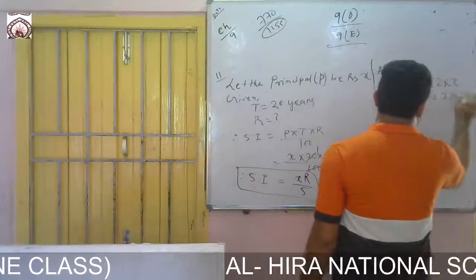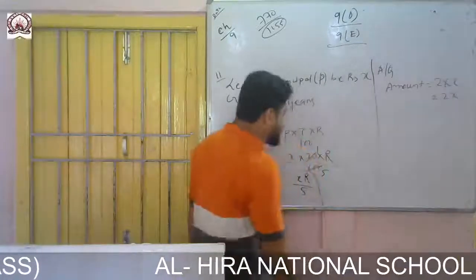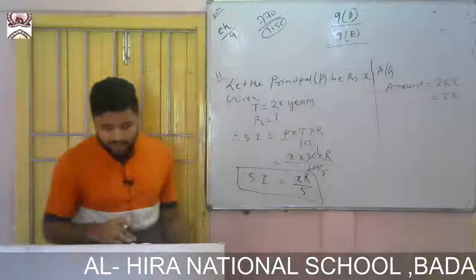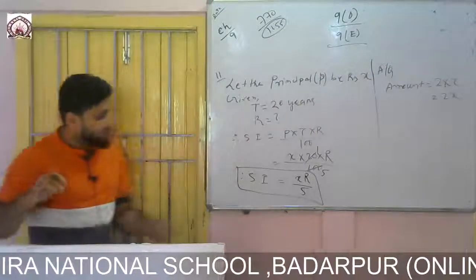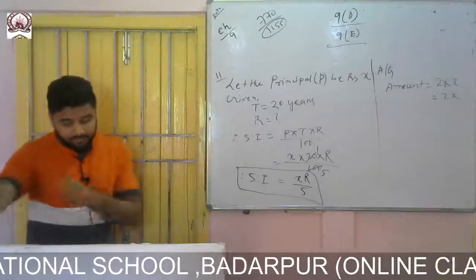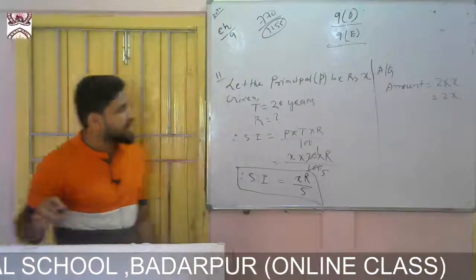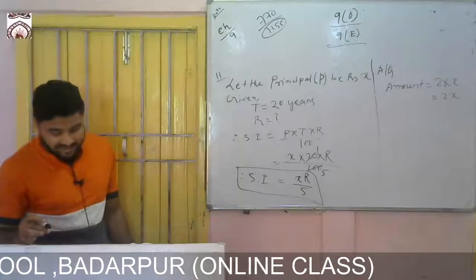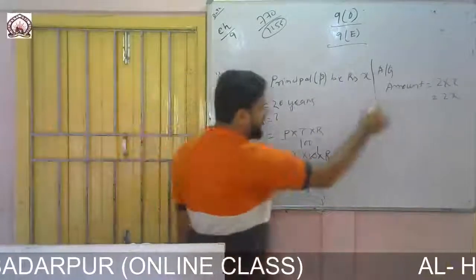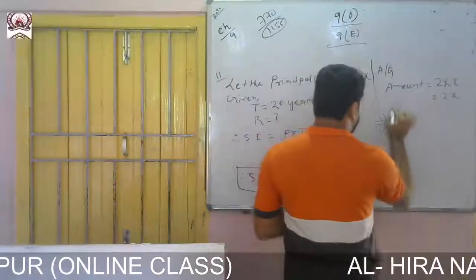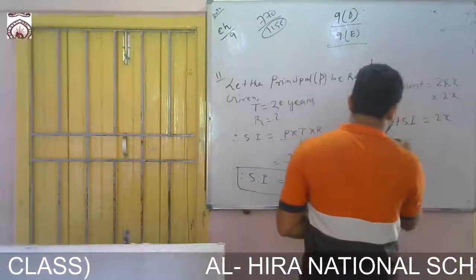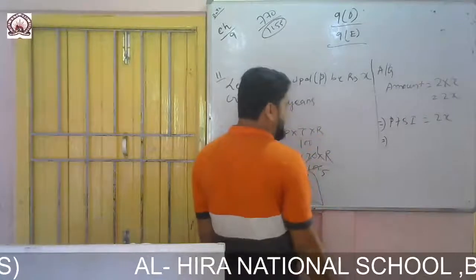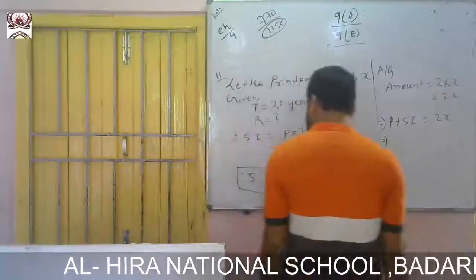It is twice X. And we know amount equals P plus SI. So in place of amount you can write P plus SI equals twice X.